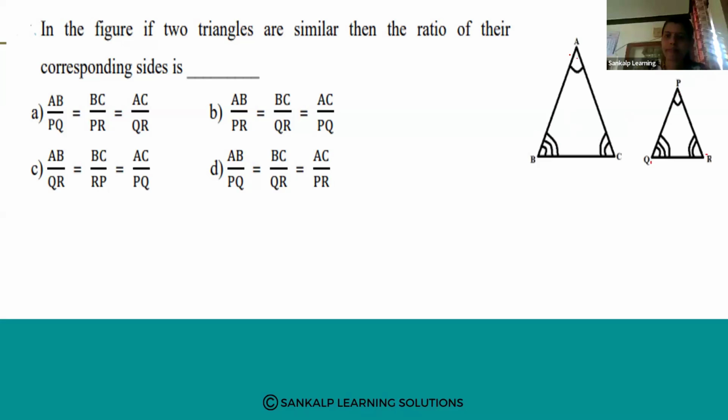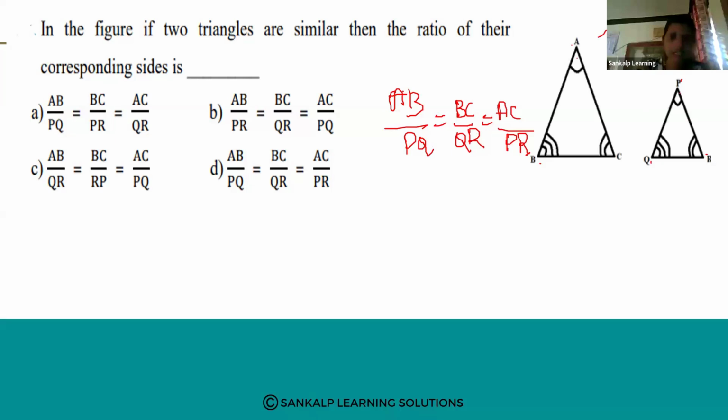Which are the corresponding sides here? AB divided by PQ, right? AB corresponds to PQ. BC corresponds to QR and AC corresponds to PR. So AB divided by PQ, BC divided by QR and AC divided by PR.